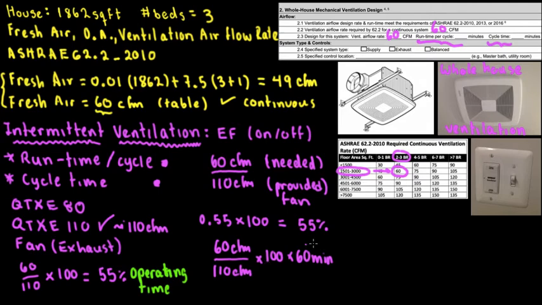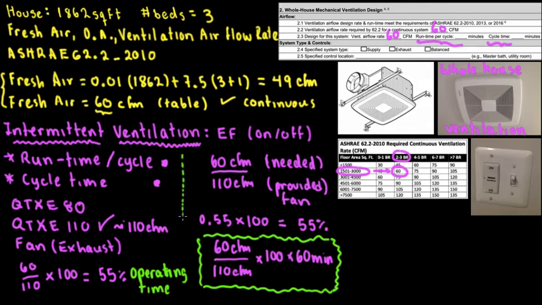I'm going to make this a formula, like that. There we go. Formula for what? For intermittent ventilation.